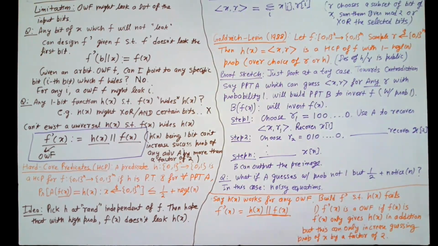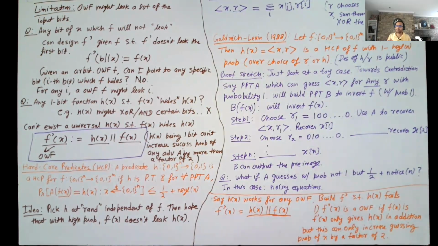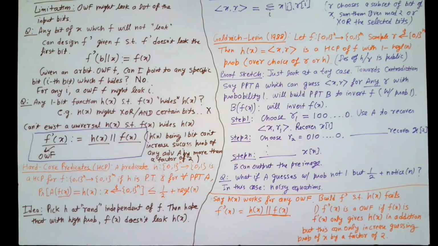How much can the probability go up from 2 to the power minus 100? f of x is something which you had in both cases, right? In case 1, you only had f of x. Your probability was 2 to the power minus 100. In case 2, you have f of x, and in addition, you have one single bit of information. But it is a 100-bit string, right? So my probability will be a little more than 2 to the power minus 100, right? 2 to the power minus 100 is the probability when I have nothing. Okay.